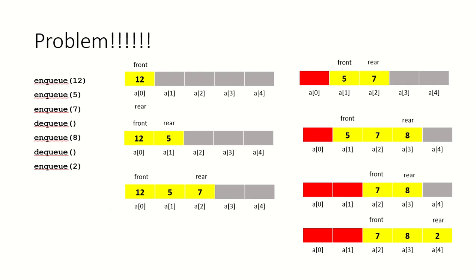We have seen in earlier videos how we can insert elements in the queue, that means an NQ operation, and we have also seen how we can delete elements from the queue, that is a DQ operation. Suppose we begin with an empty queue. So right now there is no element in the queue, and we perform an NQ operation and we are inserting an element 12.